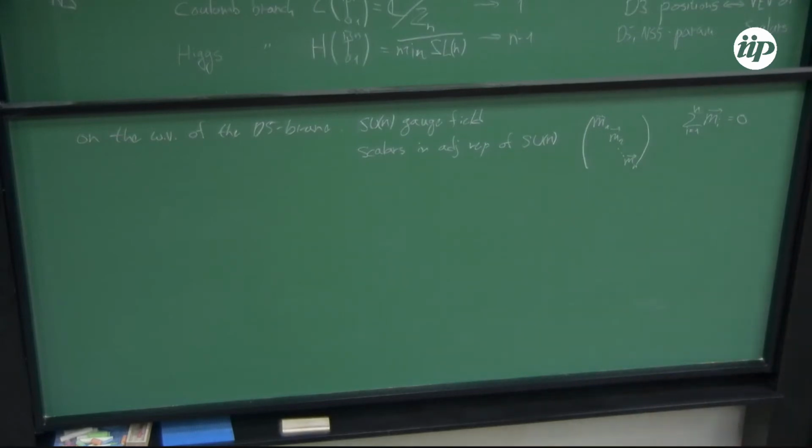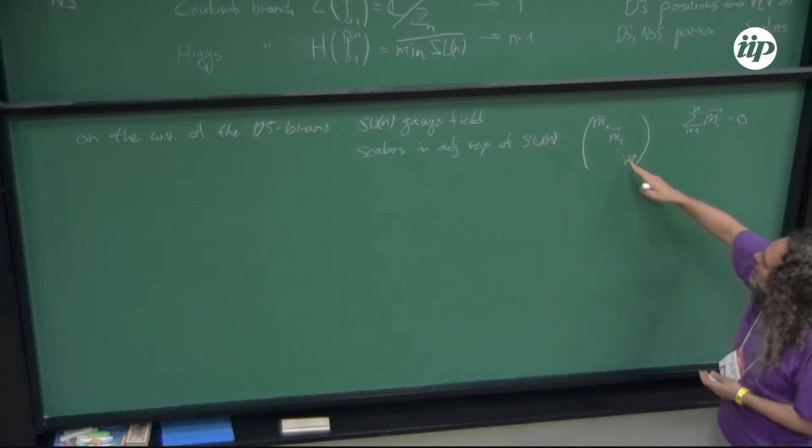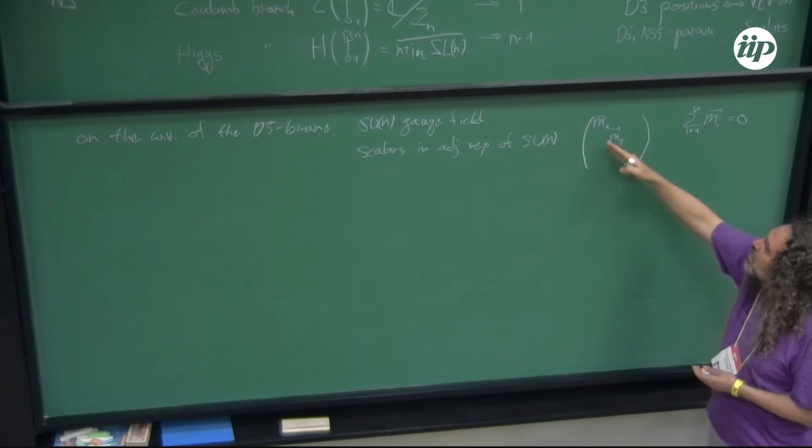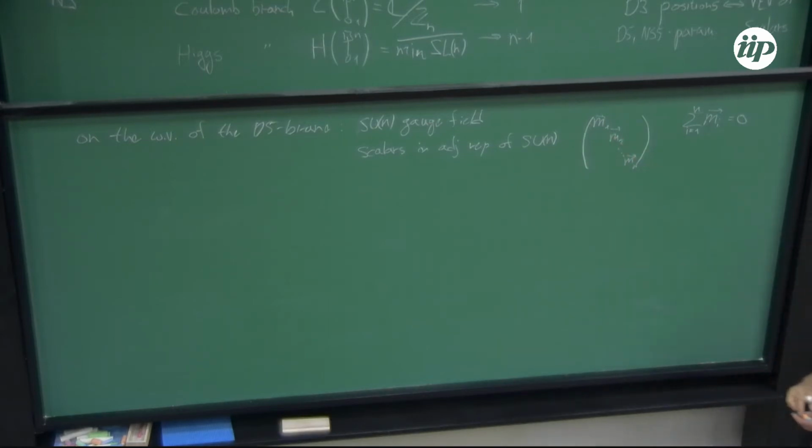This is the choice of center of mass that I'm picking in the 3, 4, and 5 directions. And so what is the interpretation of the eigenvalues of the adjoint SU(N) matrix? Those are nothing but the positions of the D5 branes. Okay?